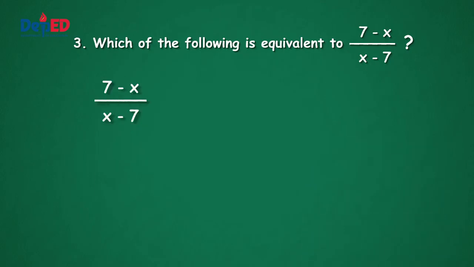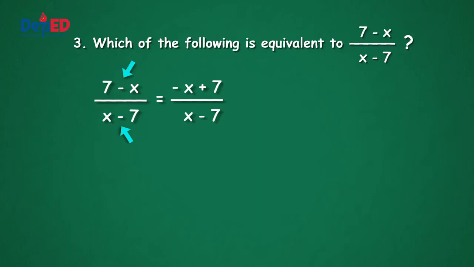What did you notice with the numerator and denominator? Both show subtraction, but the terms are switched. We can rewrite the expression as negative x plus 7 all over x minus 7. Remember that we include the signs when we arrange the terms in a polynomial.